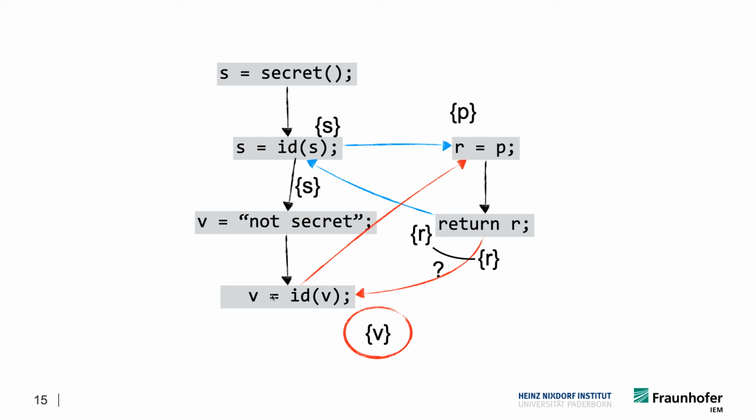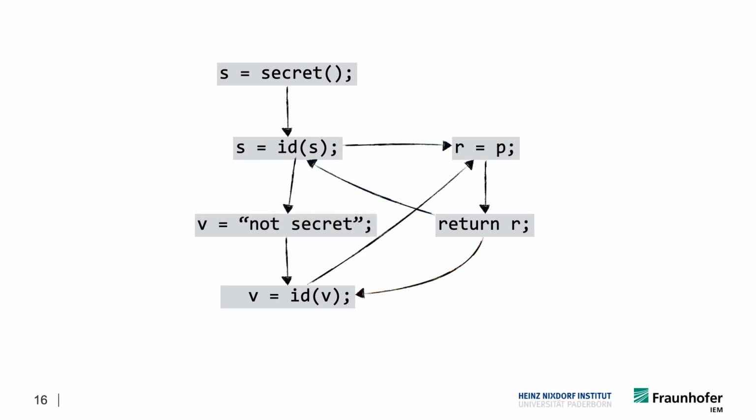So let's take a look at how the call strings approach improves over this. In the call strings approach, first of all, we would label these two call sites with some identifier, C1 and C2. Like I said, you can use the actual statement as a label. You can also use this call expression as a label. It doesn't really matter. What matters is only that these labels uniquely identify this particular call site.